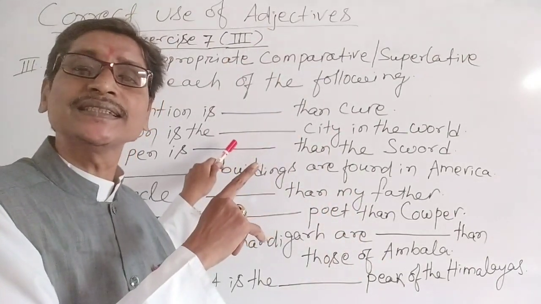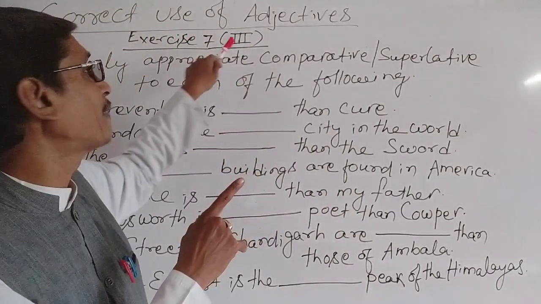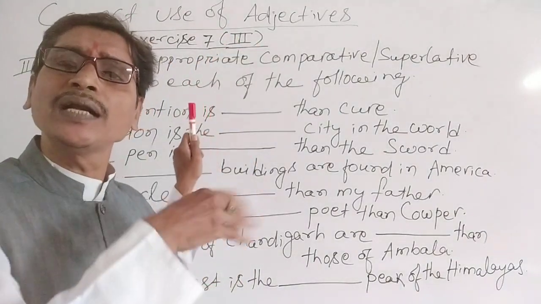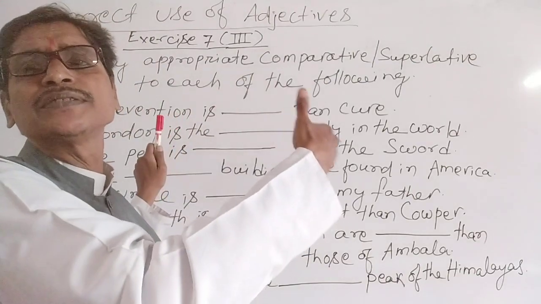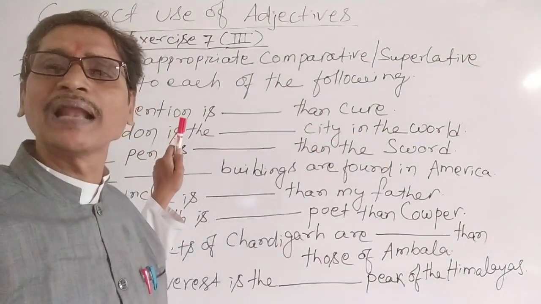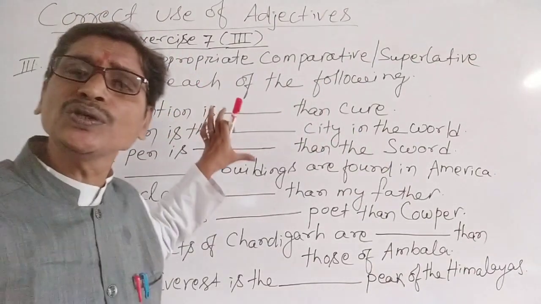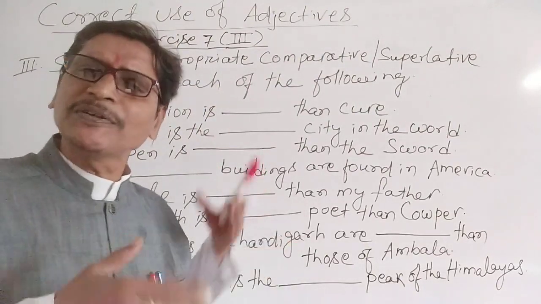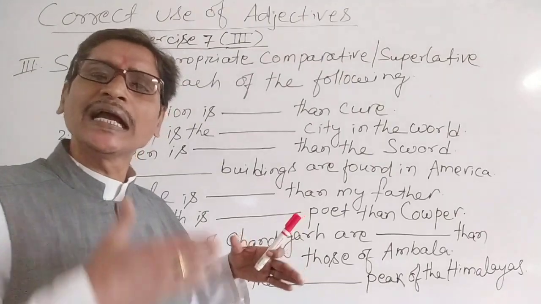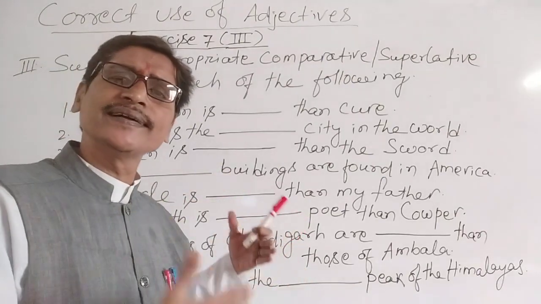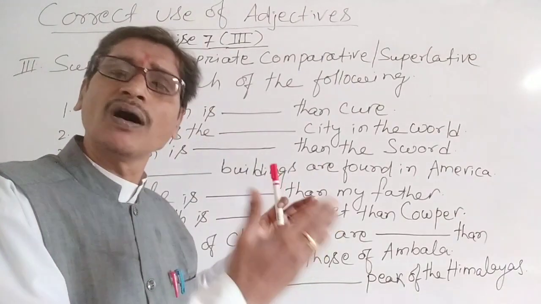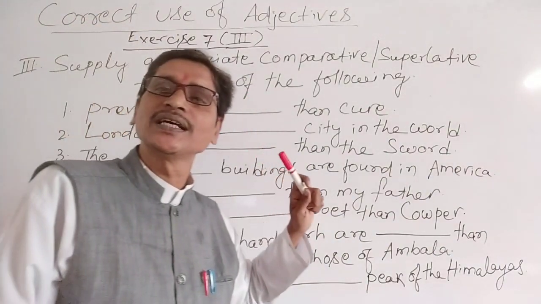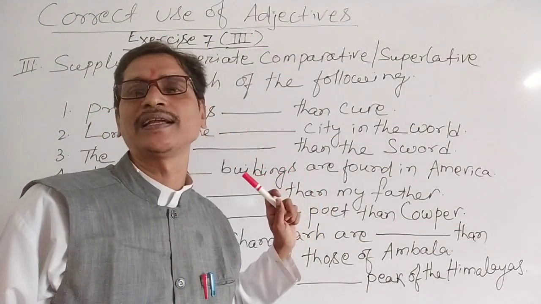Previously in part 2 of exercise 7, some adjectives were given to us and we used their comparative and superlative degrees in the blank spaces. But here, no such adjectives are given. We have to think of an adjective and write its superlative or comparative degree in the blank spaces in accordance with the rules we understood earlier.